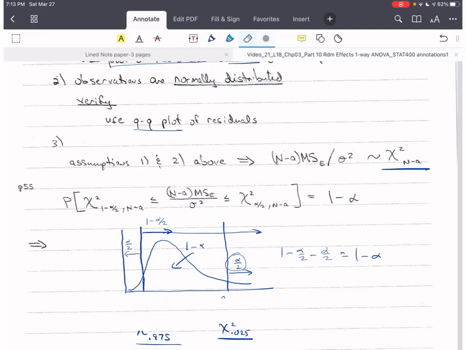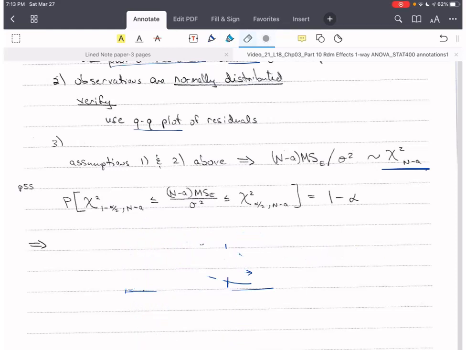All right. So let's clean this up and do our derivation. Once we have this, what we want is to isolate sigma squared by itself. And we want it on the top, so to speak. We don't want 1 over sigma squared. That's not the confidence interval that we're looking for. So what we're going to do is reciprocate all of the numbers.